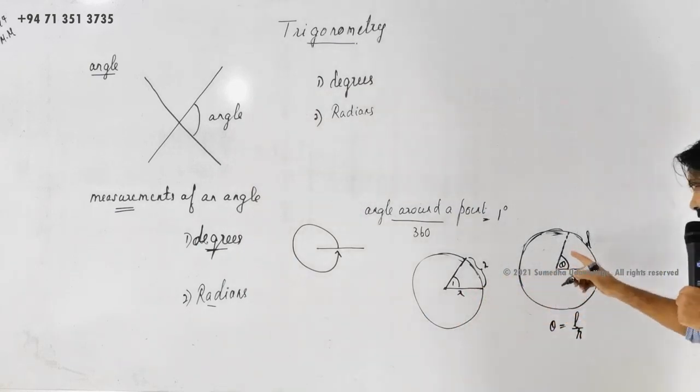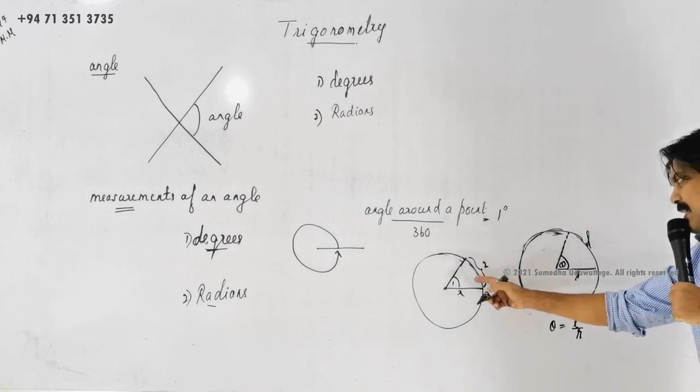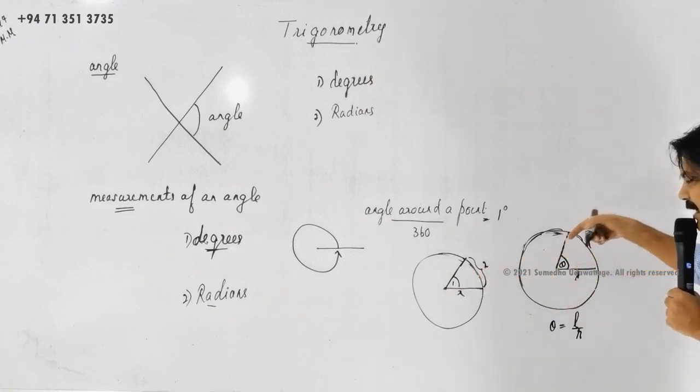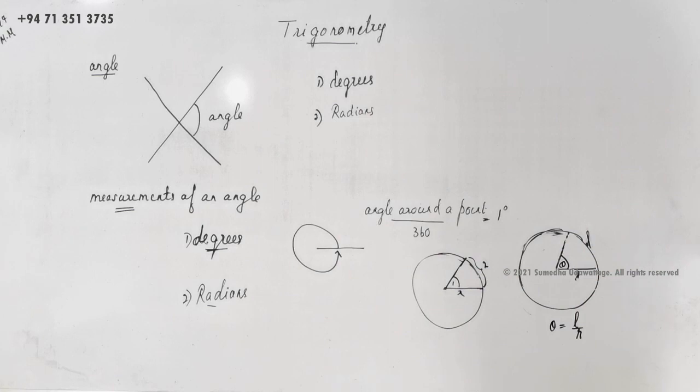Then basically the angle comes to L over R.